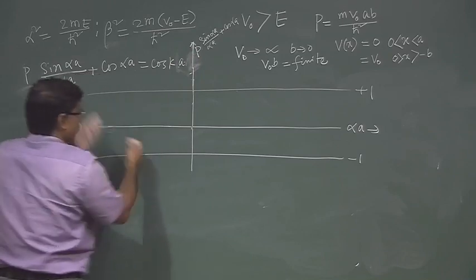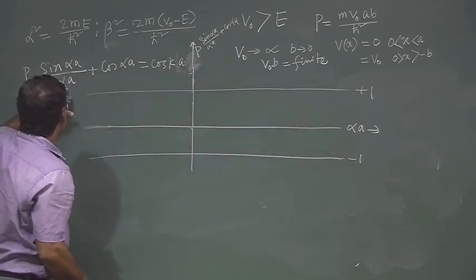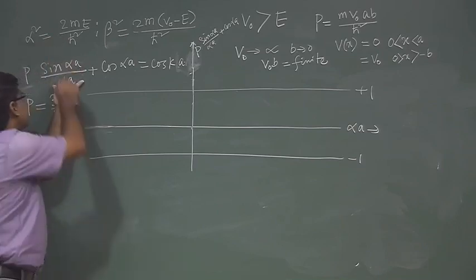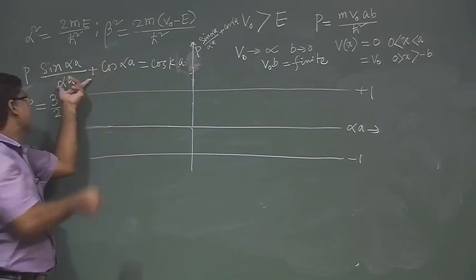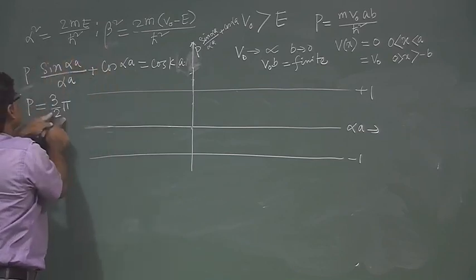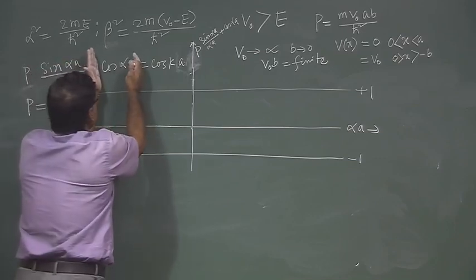So, now if alpha a is increasing, this cos value cannot be higher than 1, right, but this value is increasing, and then this term will decrease, because p is constant here. So, this term will decrease. So, mainly it will follow this term, okay.